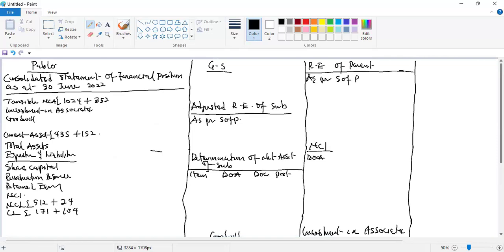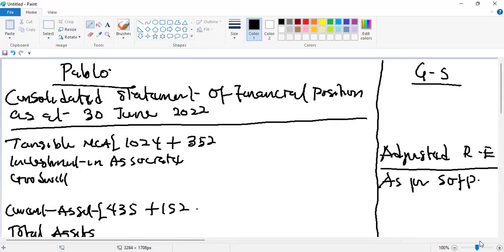Pablo Limited is a very successful SME business operating in a very good commercial location in Abuja. Following is the statement of financial position as at 30th June. Good. Let's open the working.